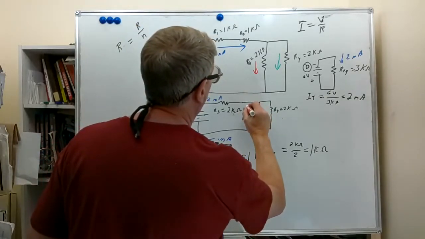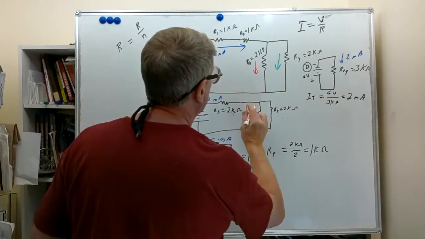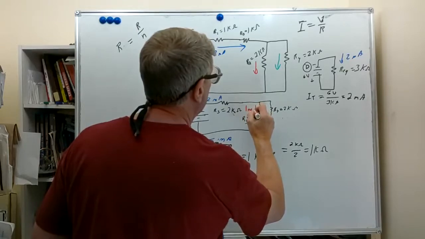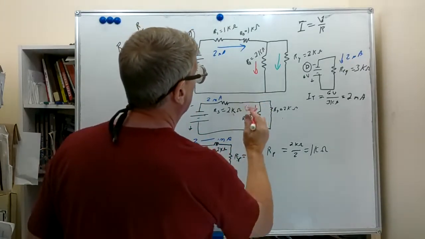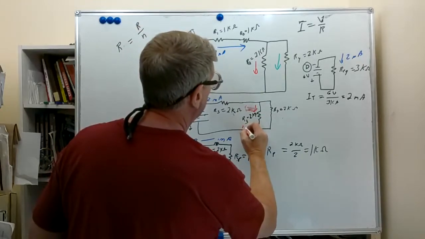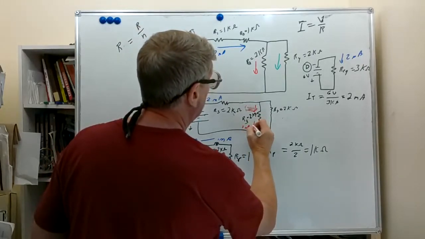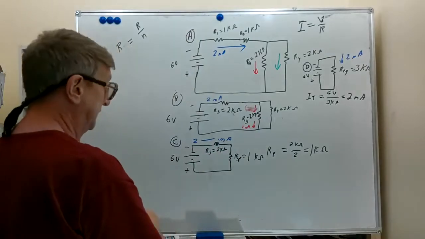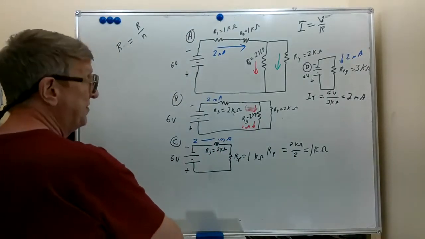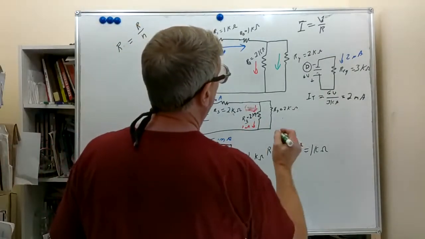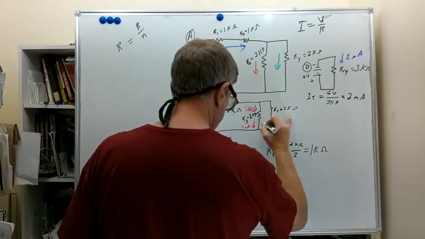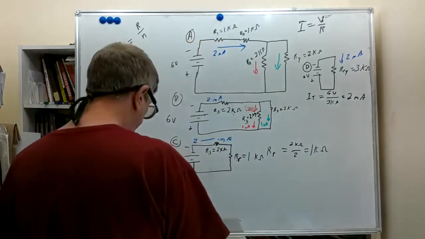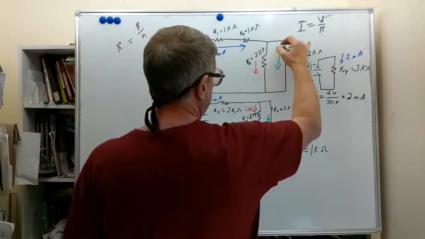We're going to have one milliamp here, through, I'm going to put that down below, there's a little more room. 1. Through R3 we'll have 1 milliamp. And the same thing we'll have through R4, 1 milliamp. Put the 1 milliamp here.